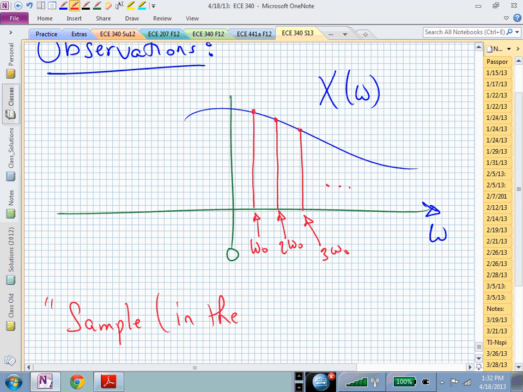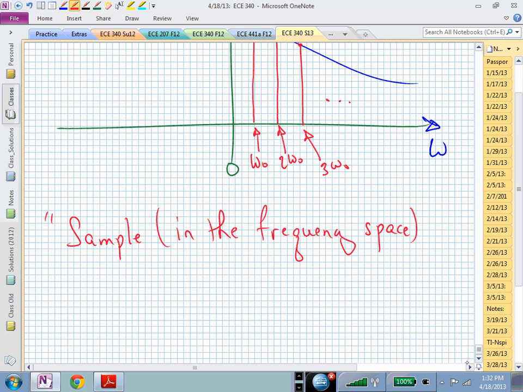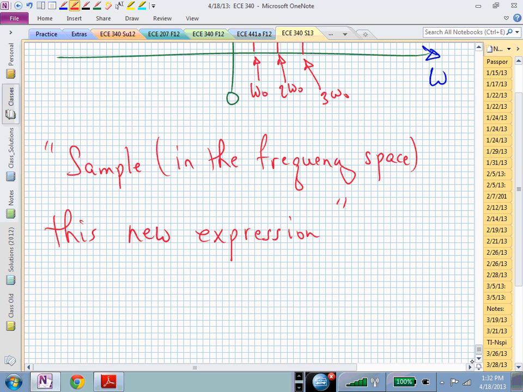We're sampling in the frequency domain. We're sampling in the frequency space. This new expression that we introduced with the insight from capital D sub n, we're now selecting points in the omega space.